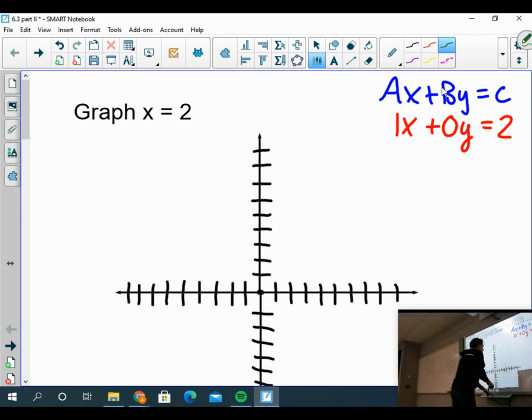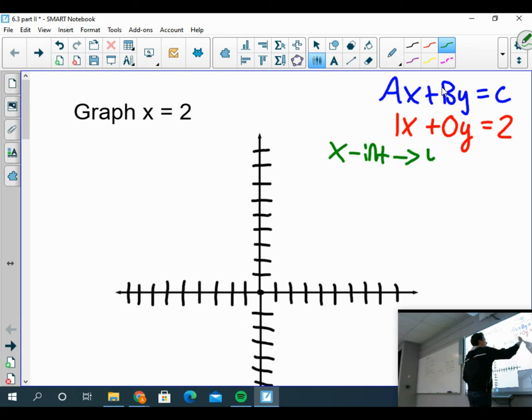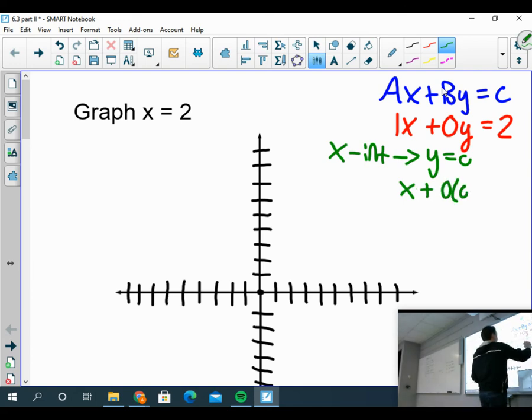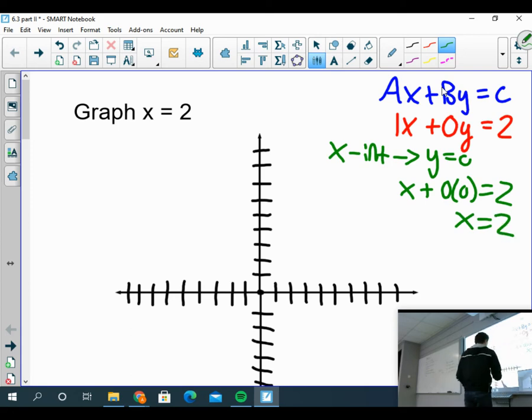Well, if we look to graph this, you are probably already imagining what's going to happen, but to find my x-intercept, I'm going to set y equal to 0. What that's going to leave me with is x plus 0 times 0 equals 2. In other words, x equals 2. So I'm going to come into contact with the x-axis here.